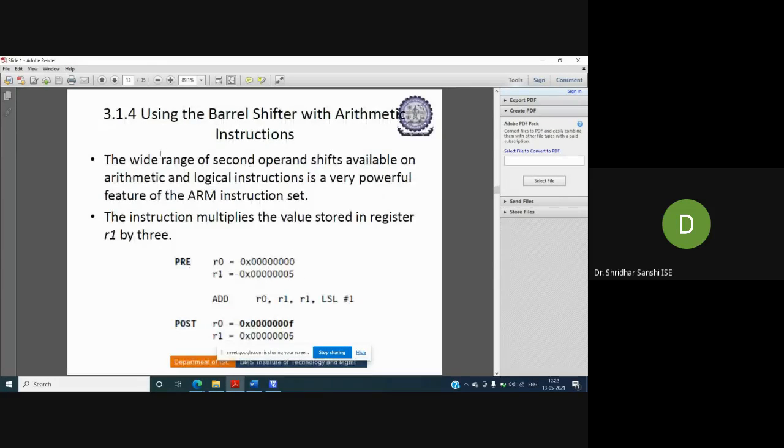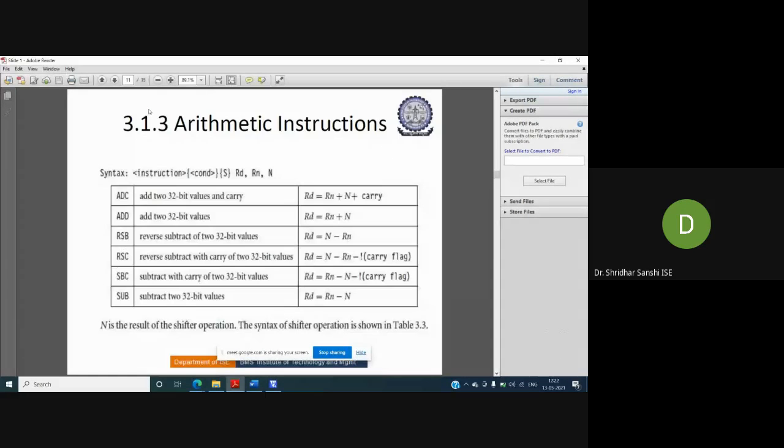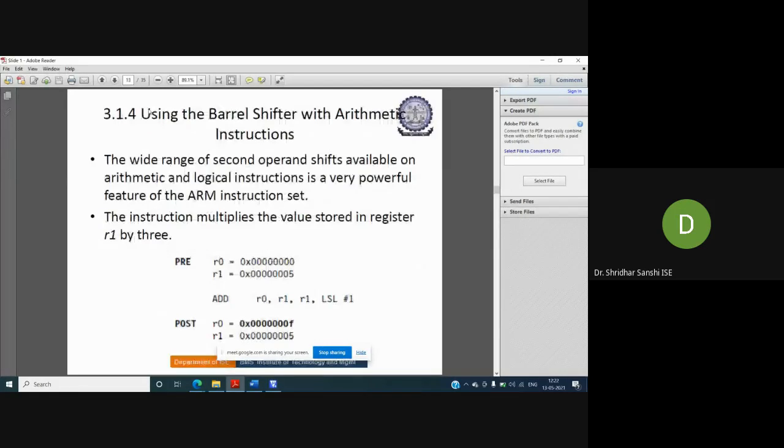The next point is that you can use barrel shift operations along with the arithmetic instructions. You can see what we are doing here: we are pre-processing operand 2 with a barrel shifter.